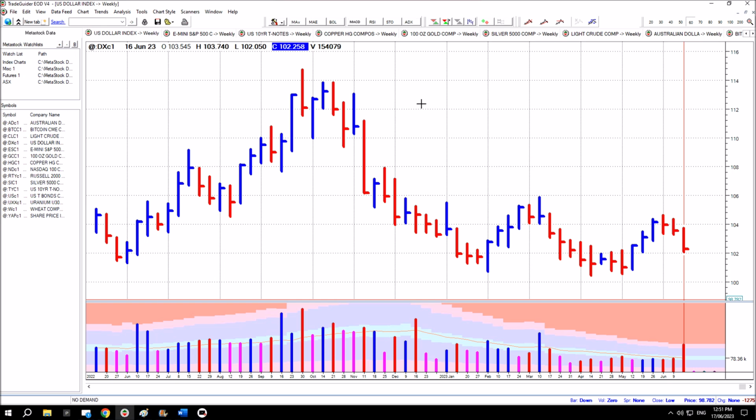We'll just go back to the US dollar index futures quickly to finish up. Put in some lines. You can see where the failure was recently.